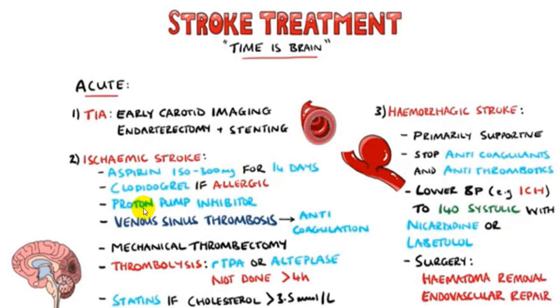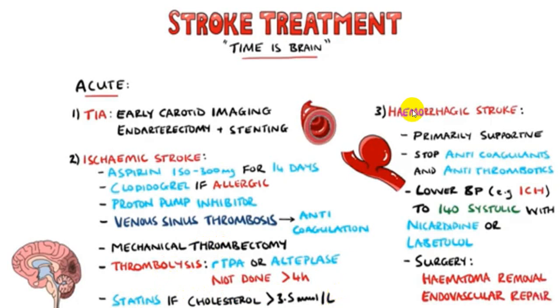You can give even proton pump inhibitors. In the case of a venous sinus thrombosis, anticoagulation. If there is severe occlusion and thrombus, mechanical thrombectomy. You can go even for thrombolysis by TPA. Statin is absolutely necessary to have a rigid control on lipids.